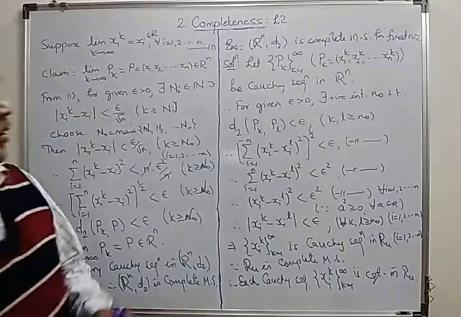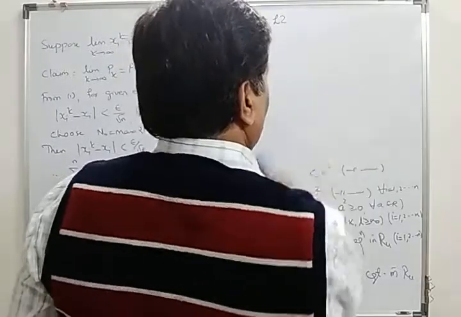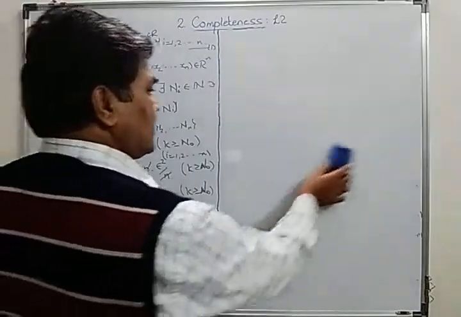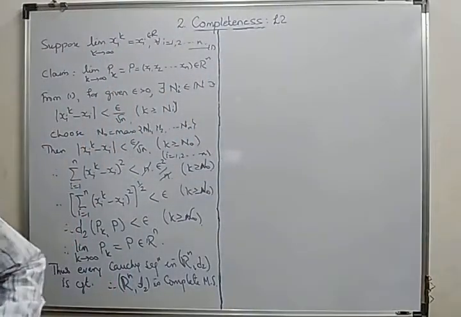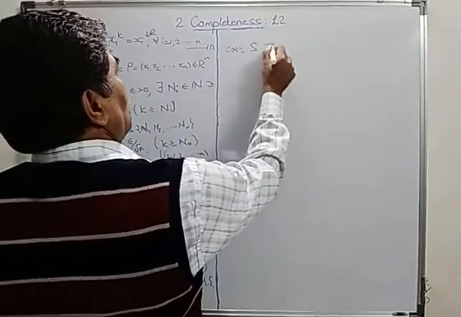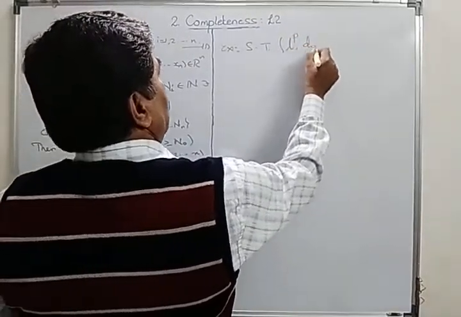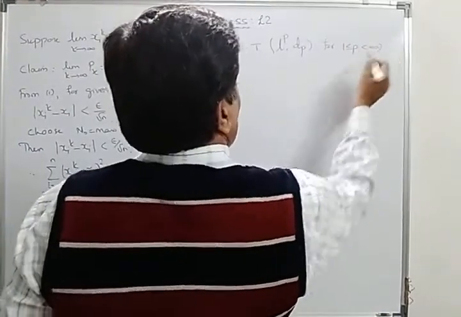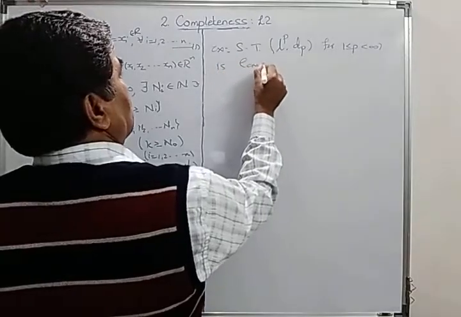So, we have taken (Lp, dp). That is exercise 1. Exercise: show that (Lp, dp) for 1 less equal p less than infinity is a complete metric space.